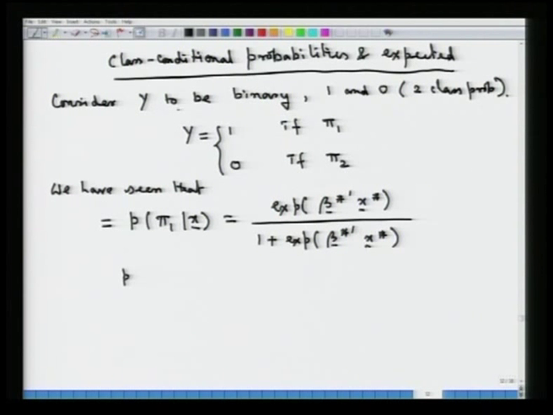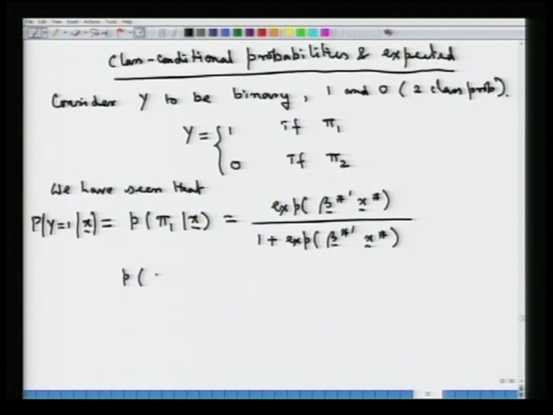And this quantity, if you now look at this binary random variable y, has got two values 1 and 0. So, if we are looking at p pi 1 given x, then that is nothing but, in terms of the y variable, the probability that y is equal to 1 given x. This is the conditional probability of y taking the value 1 given x is observed.